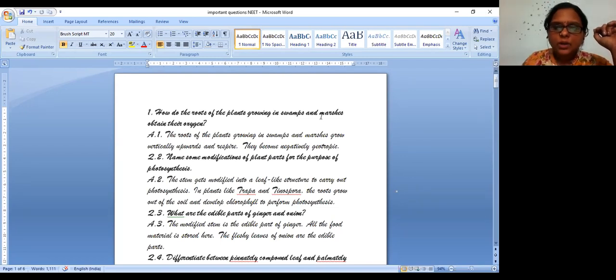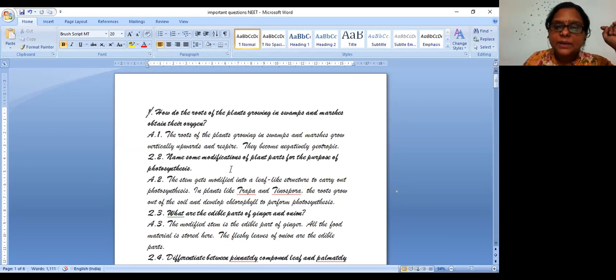Okay, students, so you can see the roots of the plants growing in the swamps and marshes grow vertically upward and respire. They have not given Rhizophora as an example, nothing. I just made the question so that you can relate it with the slides. They become negatively geotropic, yes or no? Because now they are not growing down, they are growing against the ground, so they are negatively geotropic, but they are positively phototropic.